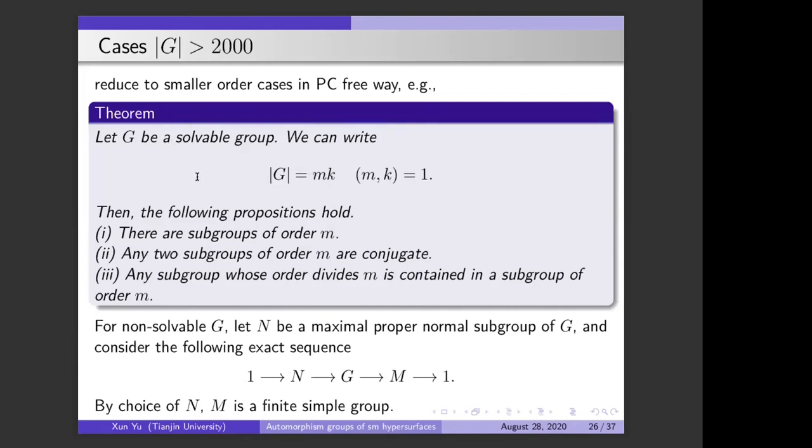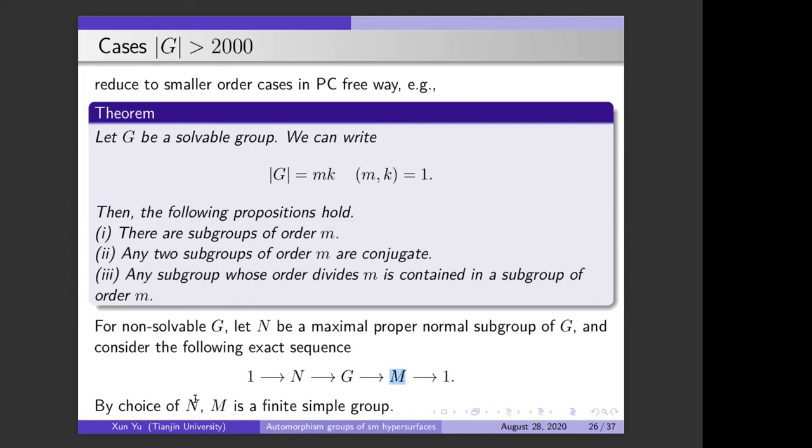This result is very well known in group theory, so we just use it. For non-solvable groups, we can consider the following exact sequence. For a non-solvable group G with order greater than 2000, let N be a maximal proper normal subgroup of G, and M the quotient.